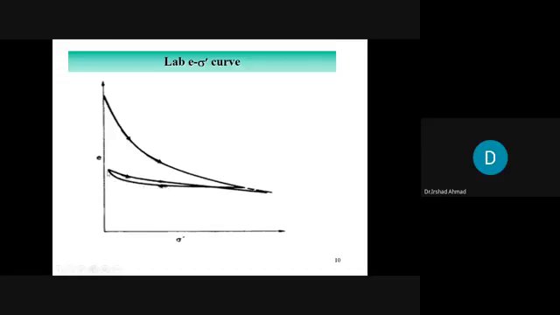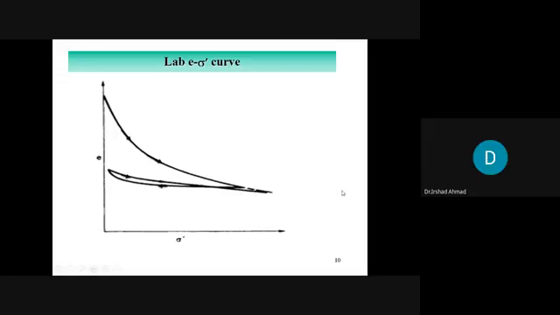This is expansion because void ratio is increasing. When the void ratio is increasing, it means it is swelling. And then you reload the soil specimen, and again the void ratio decreases, and as you are increasing the effective stress, when the effective stress reaches the previous point, again the curve follows the same path. It would follow this path.